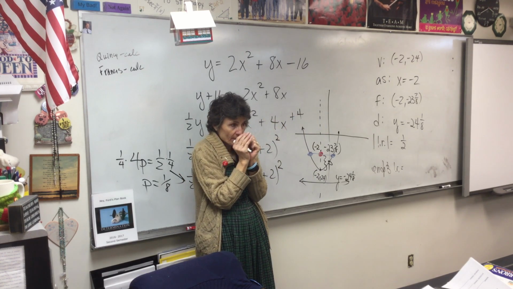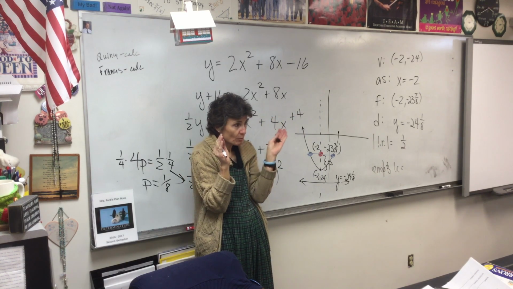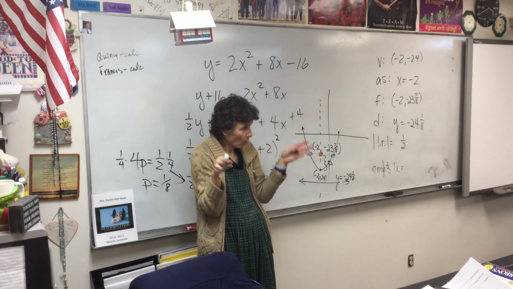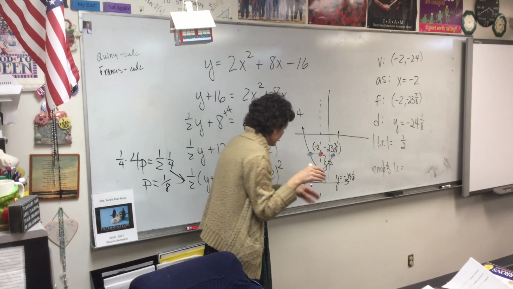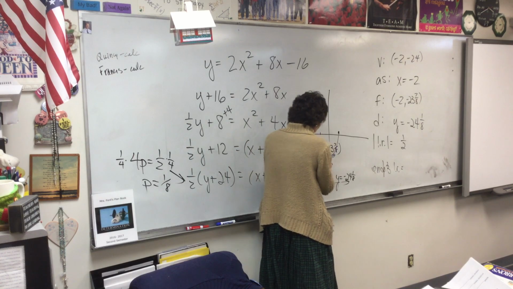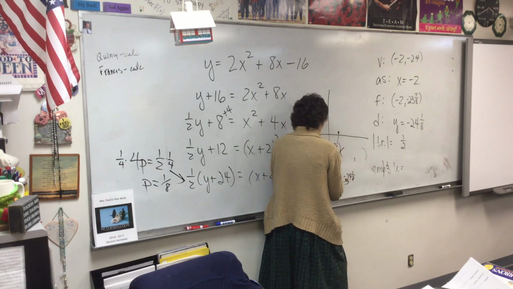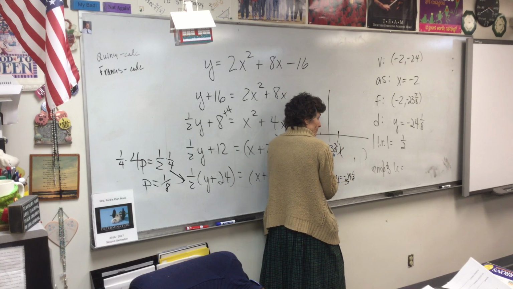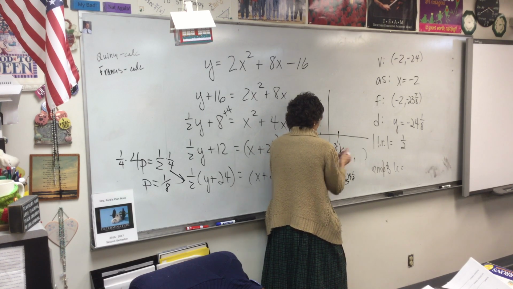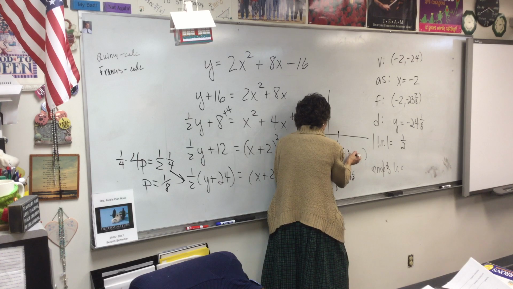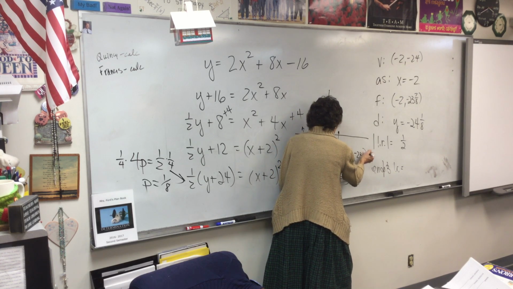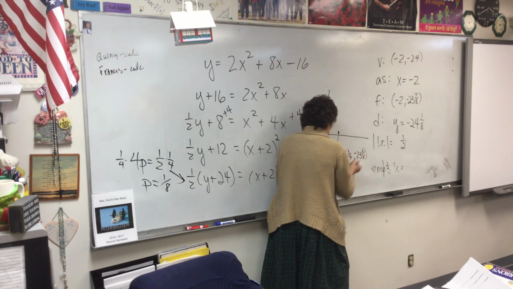So here I am in the middle. How far each way do I have to go to get a whole half? A fourth. So I'm going to start right here at -2, and I'm going to go forward a fourth. So -1 3/4, comma -23 and 7/8.